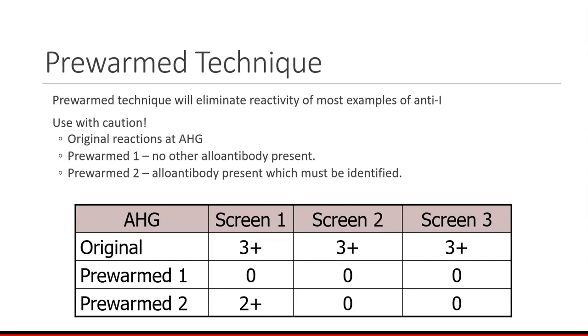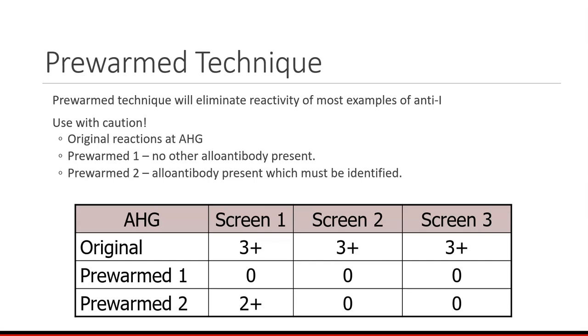So again, this is done in conjunction with your antibody identification. You don't just do this and say, oh, I have reactions at all 3 phases. It must be an anti-Big I showing high thermal amplitude. Absolutely not. The first thing you must do is identify the antibody specificity. Yes, it's anti-Big I, then the pre-warm technique can be done, but not before, because you may end up pre-warming away an antibody that you're not supposed to.